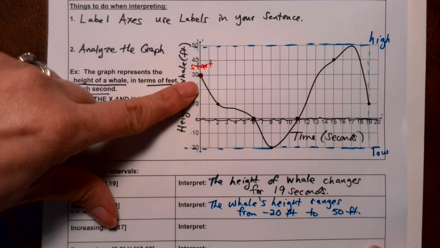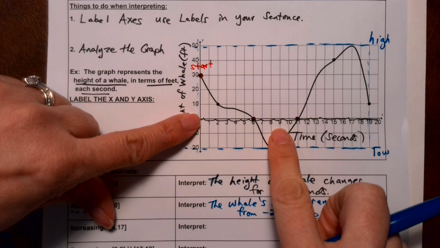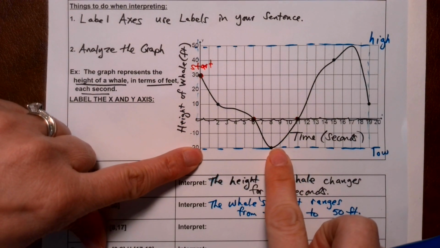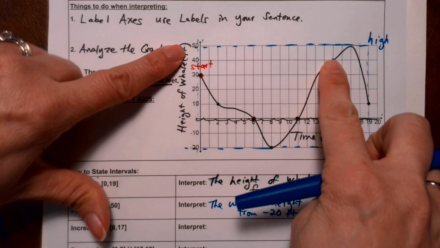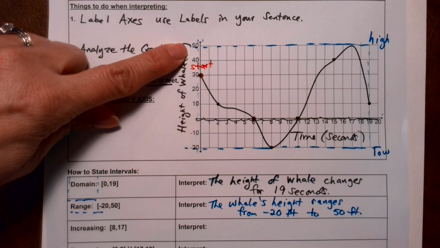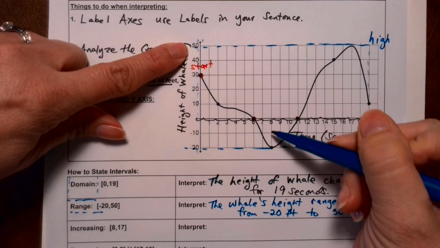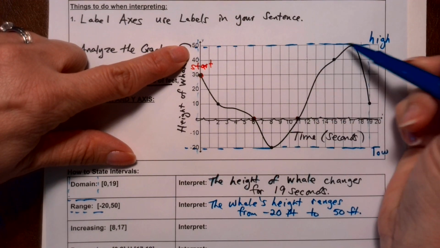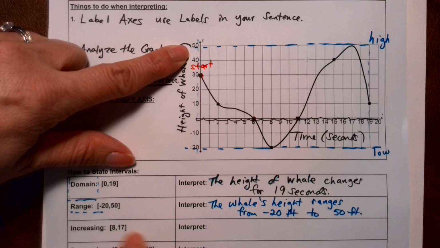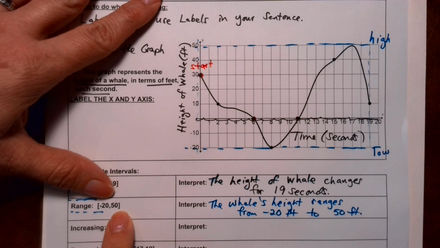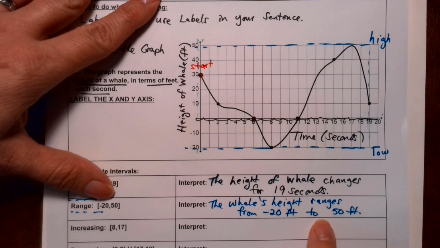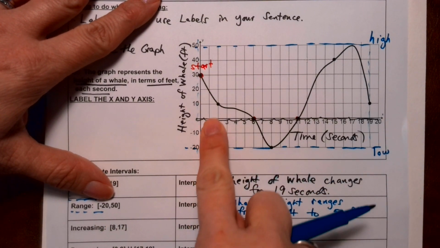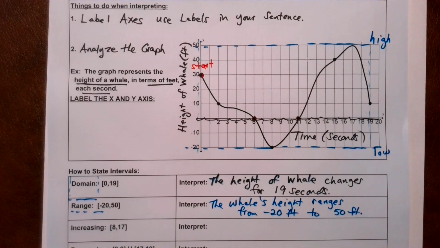Some people like to say the whale went from 20 feet below the surface all the way up to 50 feet above the surface. Or he could say he went from negative 20 feet down all the way to 50 feet high. Okay, as long as you're saying both of these numbers, and you have to say from down here all the way up to up here, this entire interval.